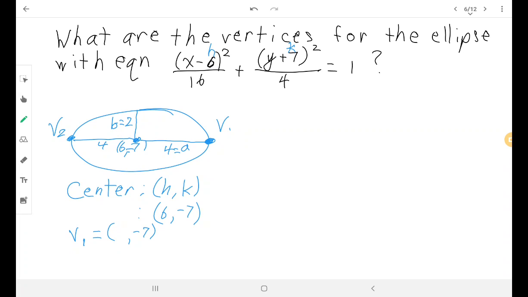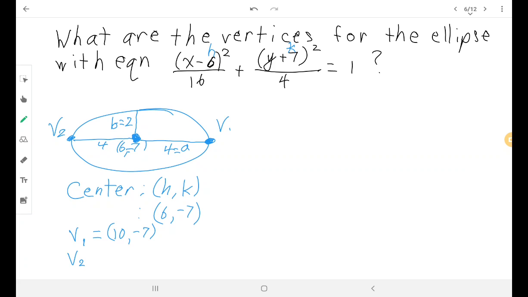So if I move 4 in the positive direction from 6 in the x direction, I go from 6 to 6 plus 4 is 10, right? Because the center is at 6, and then I move a distance of 4 in the positive x direction, which means I add 4.